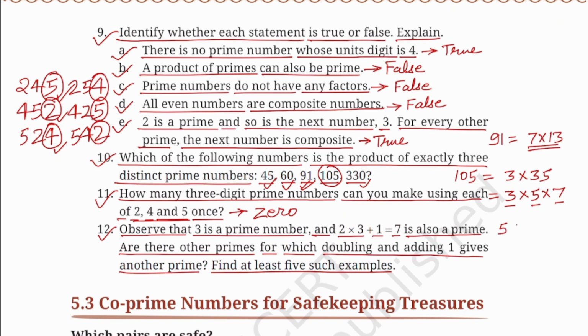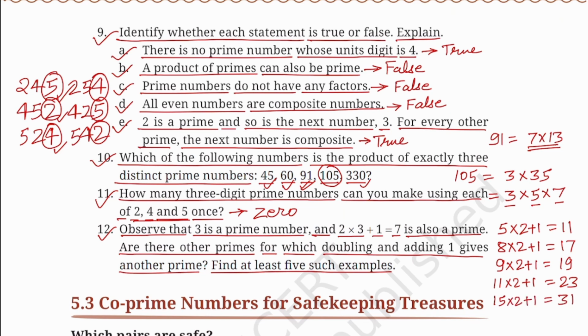Examples could be like this. 5 into 2 plus 1 is equal to 11. 8 into 2 plus 1 is equal to 17. 9 into 2 plus 1 is equal to 19. 11 into 2 plus 1 is equal to 23. 15 into 2 plus 1 is equal to 31. Like that.